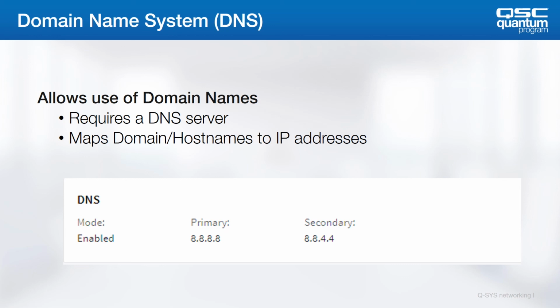If set to auto, the DHCP server will provide the DNS server information to the interface in that case. If it isn't assigned automatically, or if the interface is in static mode, it must be manually enabled and have servers manually configured. Google's DNS servers, 8.8.8.8 and 8.8.4.4, are always good bets when manually configuring devices.